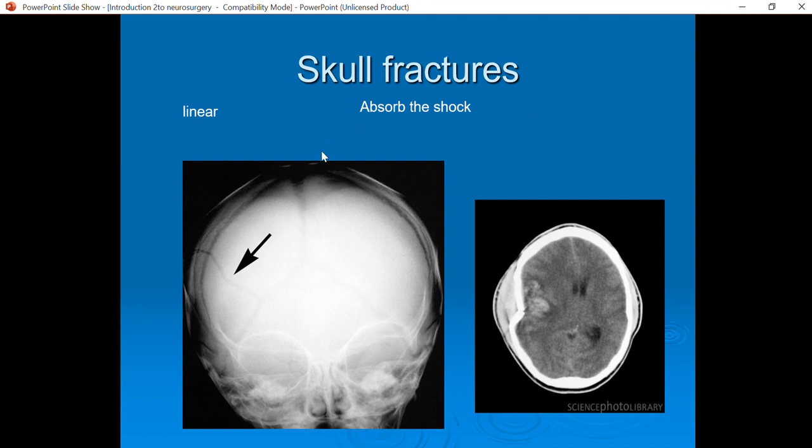This is a linear skull fracture, a skull X-ray showing a linear skull fracture in a child, and this is a CT scan showing a depressed skull fracture on the right temporoparietal area with overlying subgaleal hematoma and underlying brain contusion. And as you see here, there is midline shift from the right side to the left side.